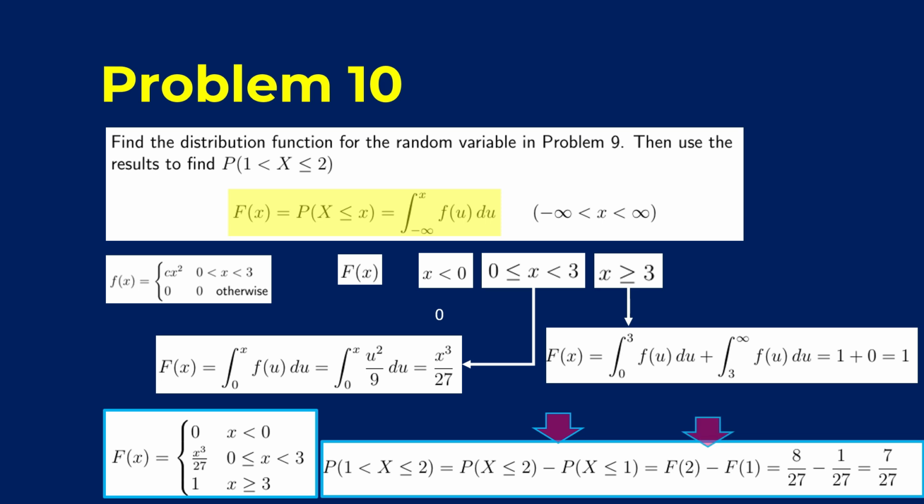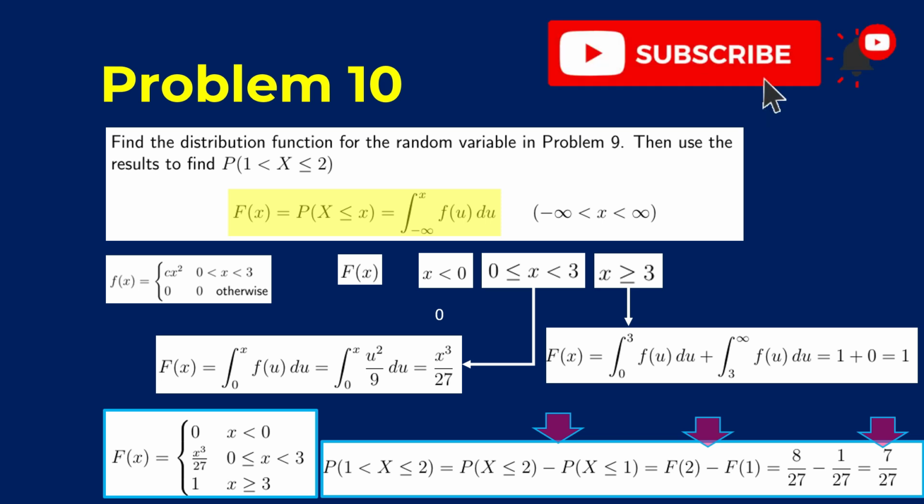All we need to do is plug 2 and 1 into x cubed divided by 27. That gives us the result, which is 7 by 27, which, if you recall, is the same as we obtained in the previous slide. Okay, I hope you have gained a better understanding of probability functions through these examples.